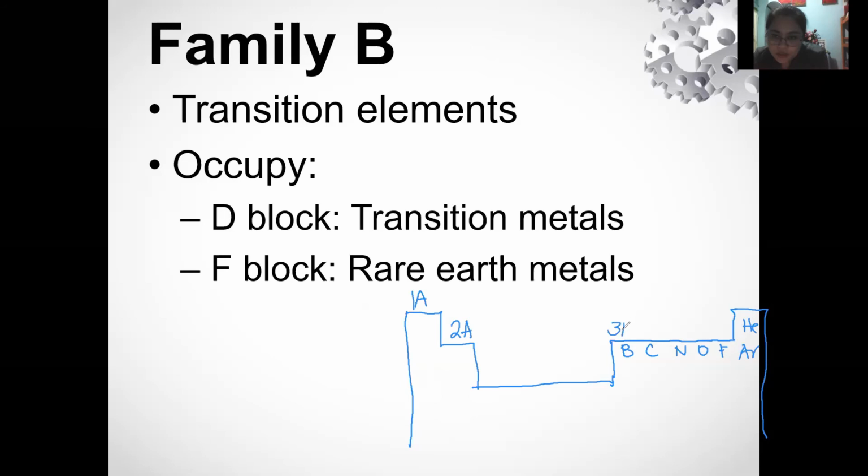Ito ay tinatawag na 3A, 4A, 5A, 6A, 7A, and 8A. Let us concentrate on the representative elements kasi sila yung mga commonly ginagamit natin. And marami sila. So you have hydrogen, lithium, sodium. Then you have beryllium, magnesium.